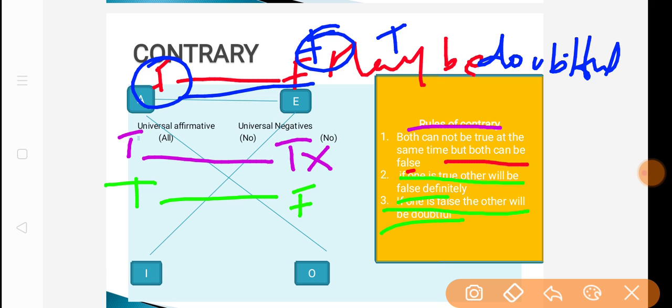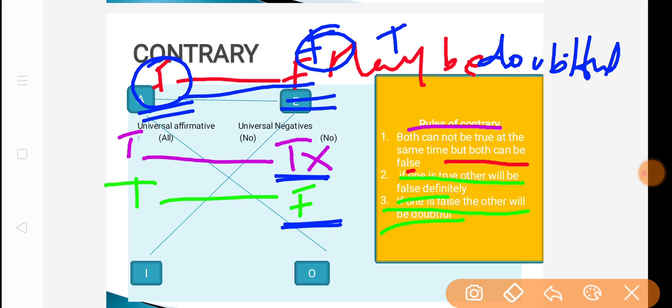Once more, if one is true, the other one cannot become true. From this statement itself, we can see that if one is true, the other will be false definitely. But there is a chance that both become false.